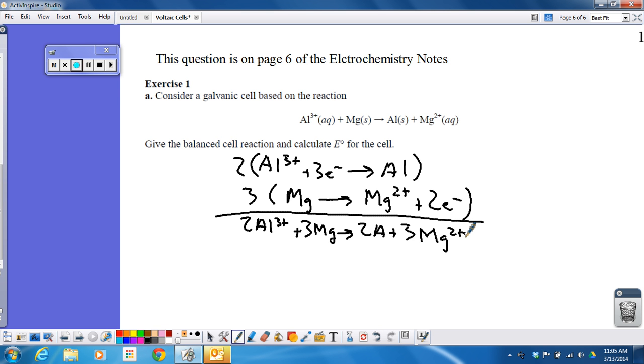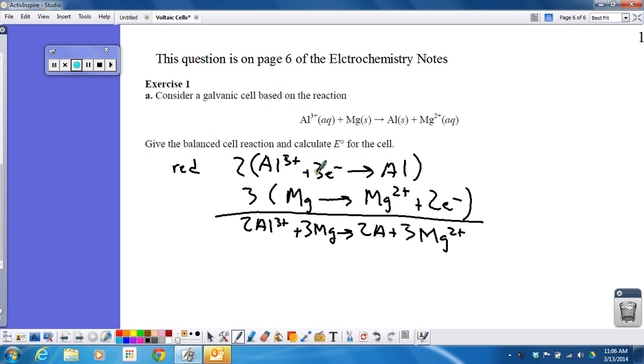Now I'm going to go to my standard reduction potential table to find out the voltages for each of these half reactions. So when you look up the half reaction for aluminum, you notice this is reduction. So when you go to the table, you'll be able to find this half reaction as written.